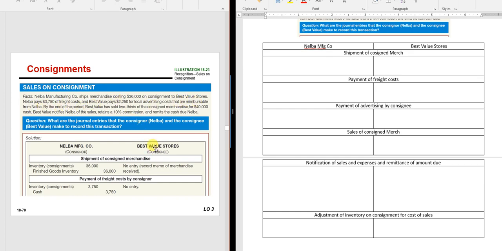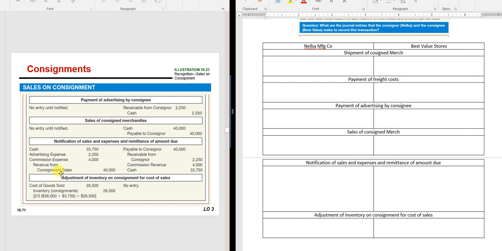So they write the check for it, but Nelba's going to pay them back. By the end of the period, Best Value has sold 2/3 of the consigned merchandise for $40,000. Best Value notifies Nelba of the sales, retains a 10% commission, and remits the cash. There's nothing really difficult to this, but you really have to keep on top of who has the merchandise, who owes who for what, etc.